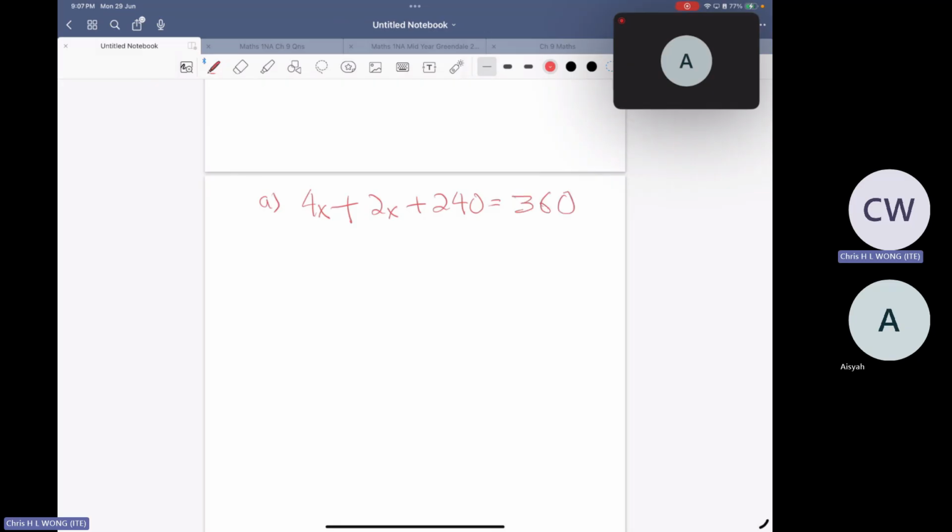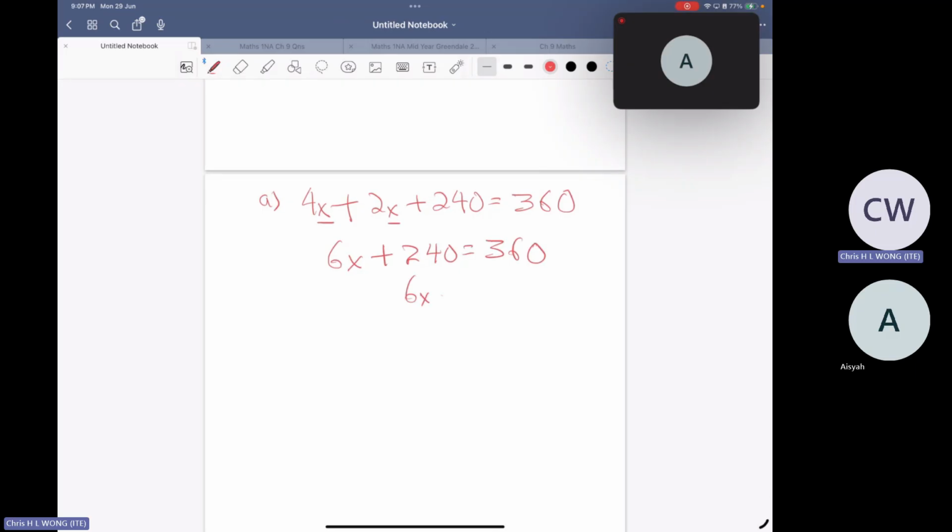Does it help you? You are supposed to find x, right? 4x plus 2x, 6x. 6x plus 240 gives you 360 degree. All you need to do is to solve x, right?